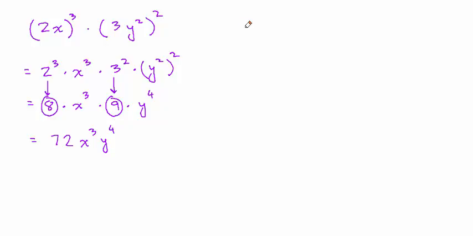Let's have another one. 3p raised to the third, or 3p cubed, and that raised to the second power, all of that divided by 2p squared, all of that raised to the second power, times p squared raised to the third power, or p squared cubed.